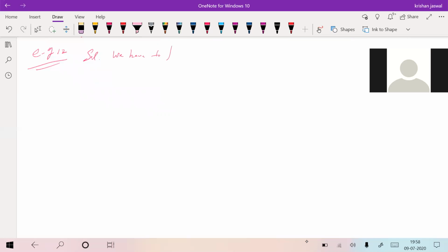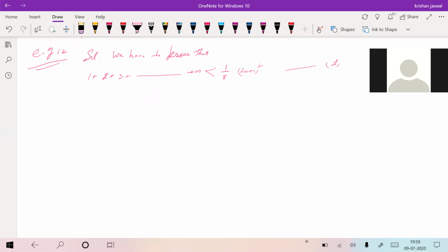We have to prove that 1 plus 2 plus 3 and so on plus n is less than 1 over 8 into (2n plus 1) whole square for all natural numbers.